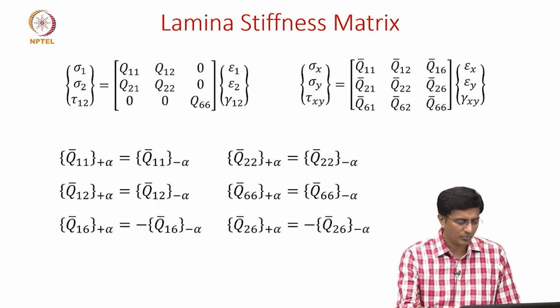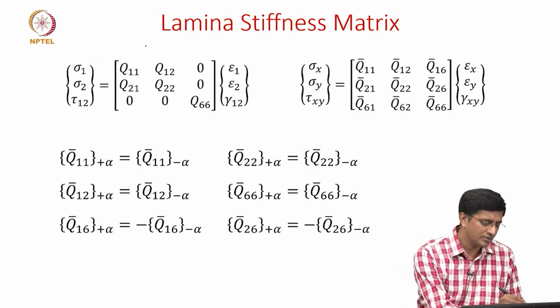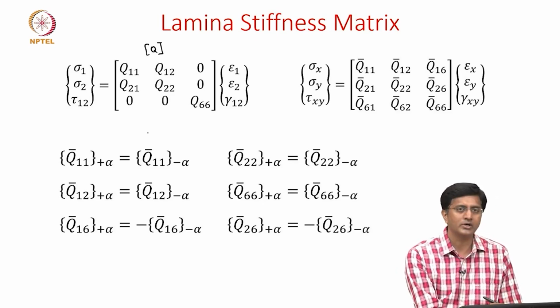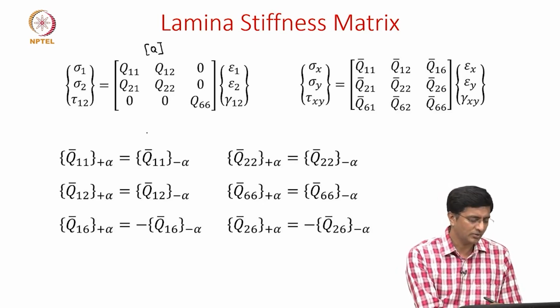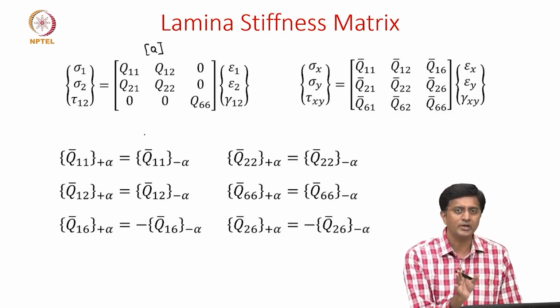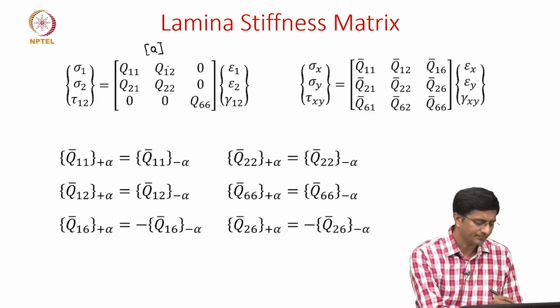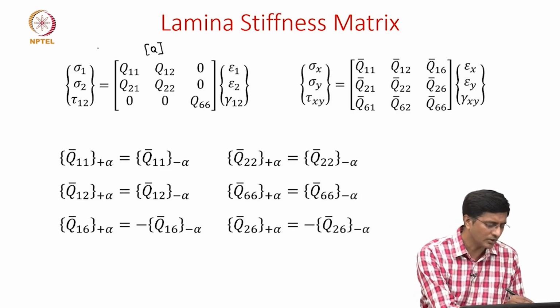So before we proceed, again a quick recap about the Q matrices. These are the Q matrices we get for principal material directions, meaning the lamina is oriented along the principal directions, which are along the fibers and perpendicular to the fibers. This happens when the angle theta is 0 or 90 degrees.